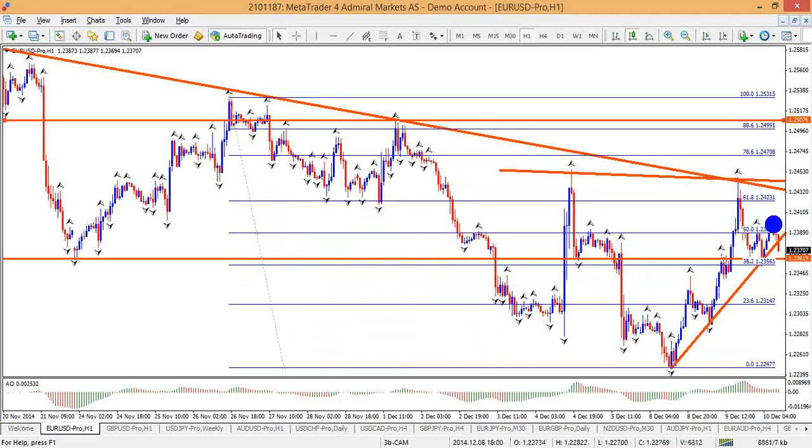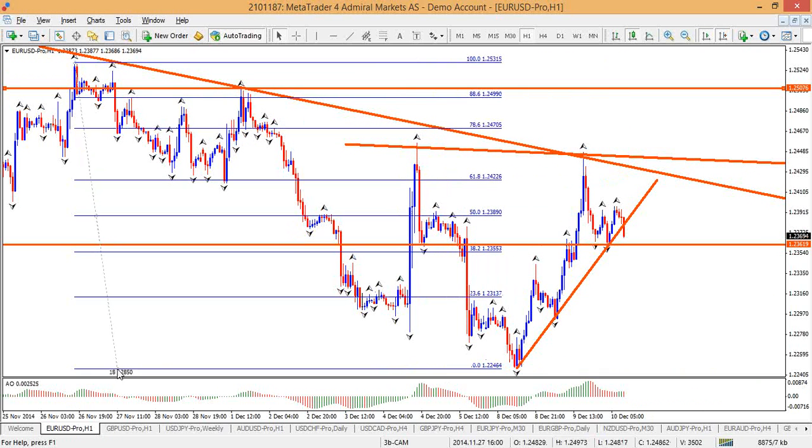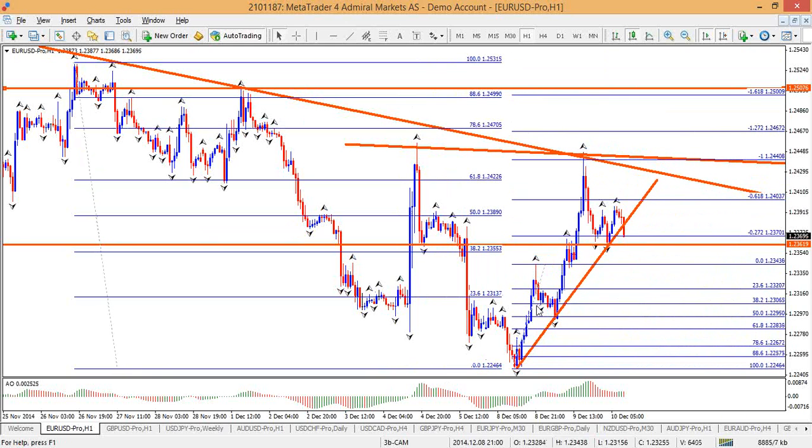The 4-hour fib was, price was hitting the 50 fib on the 4-hour chart, and it's hitting the 61.8 fib on this chart. So the upside fib is still valid here. The downside fib, if you would like, you could still put a fib on this upside. Why? Because sometimes reversals are dangerous. Not dangerous, but strong. Yesterday I was already talking about the fact that price could get up to the minus 618 target, remember?